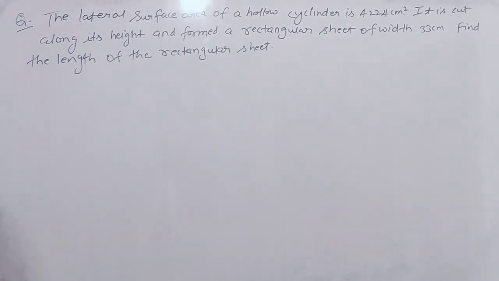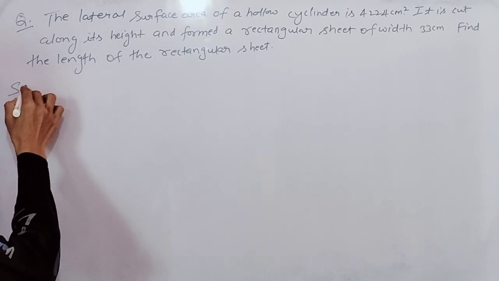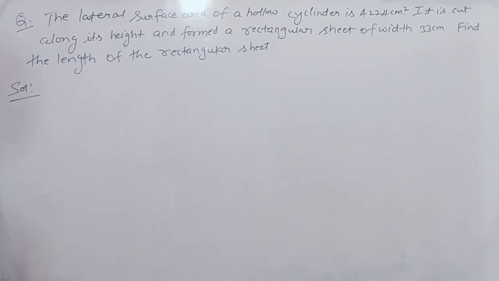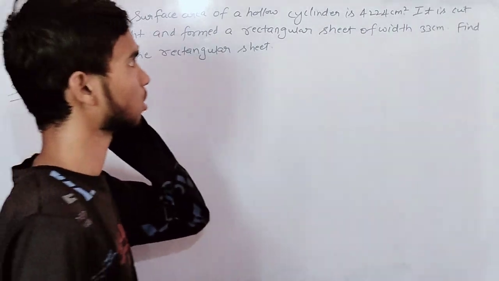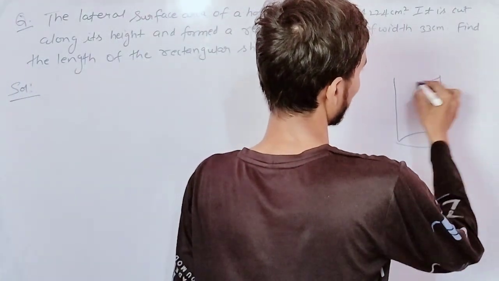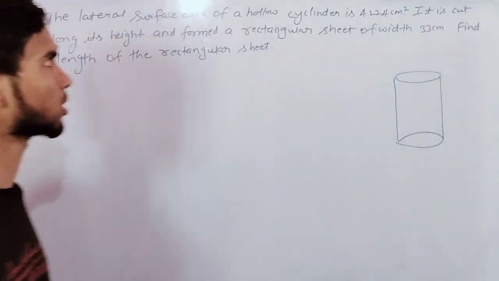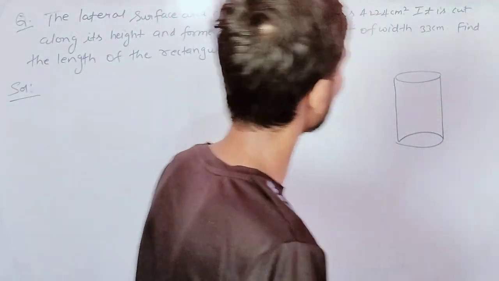This is the question. It is telling you the lateral surface of a hollow cylinder. The cylinder looks like this. The hollow cylinder is given, which is 4224 centimeter square.